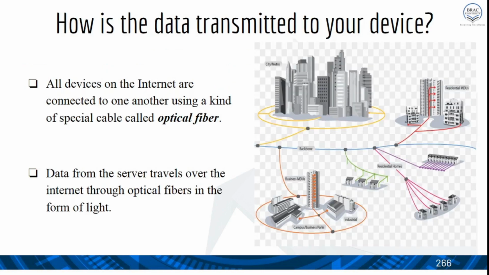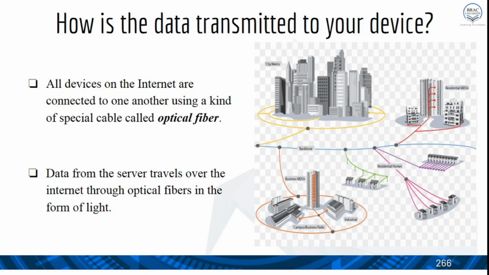Students, this is done with the help of a very special kind of cable known as optical fibers. Now, previously, this data was transmitted with the help of other different kinds of wires. But now, in this modern time, we opted to use optical fibers because the speed of data transmission in optical fiber is much higher than the wires that were previously used.